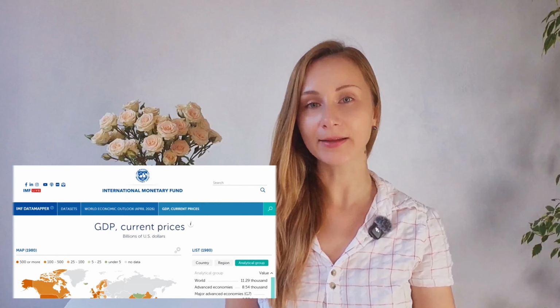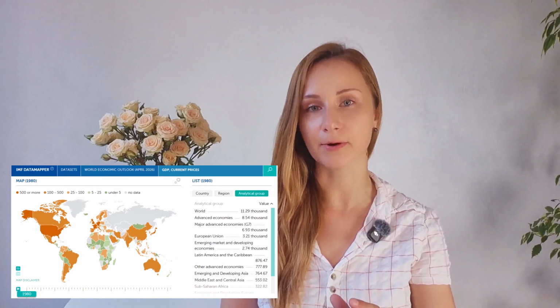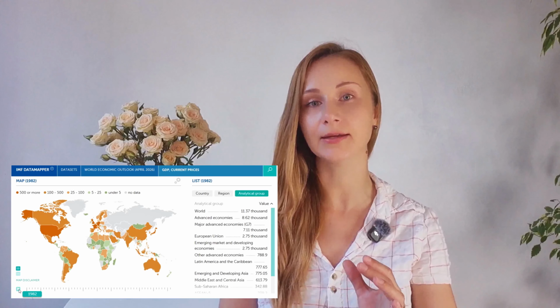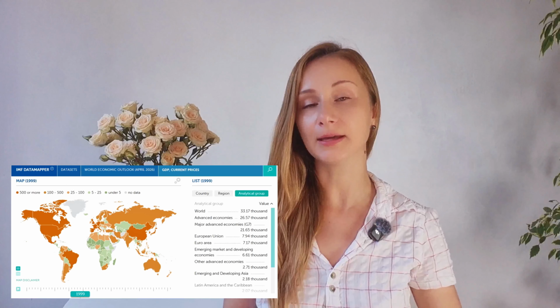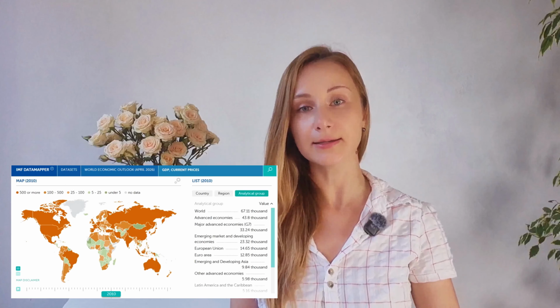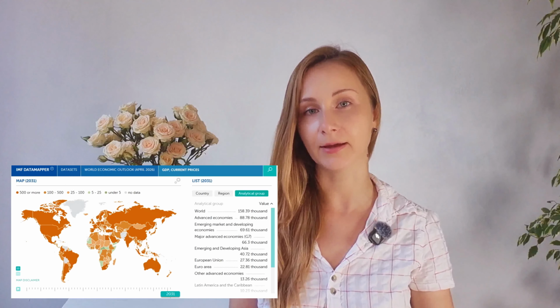And finally, let's take a look at the modern trends in the world economy in terms of its size. So, the International Monetary Fund forecasts a significant shift in the world economy by 2031. For example, the world GDP at current prices is expected to grow by more than 25%.